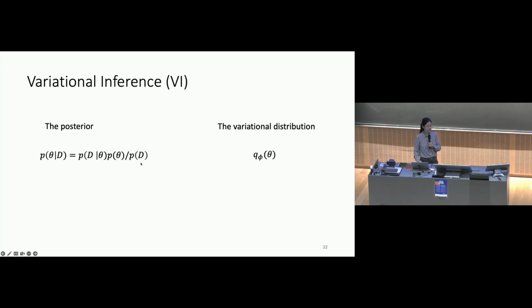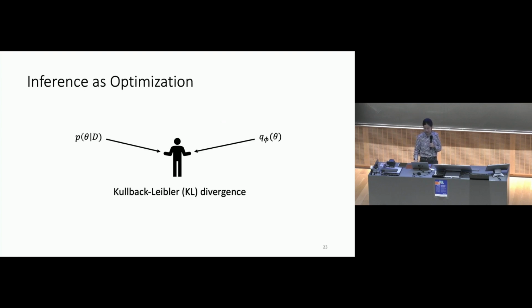This integration is intractable, which is why you cannot directly compute the posterior. We said before that we want to use a Q distribution to approximate it, but we need some way to measure the closeness of these two distributions. So we are going to use KL divergence.